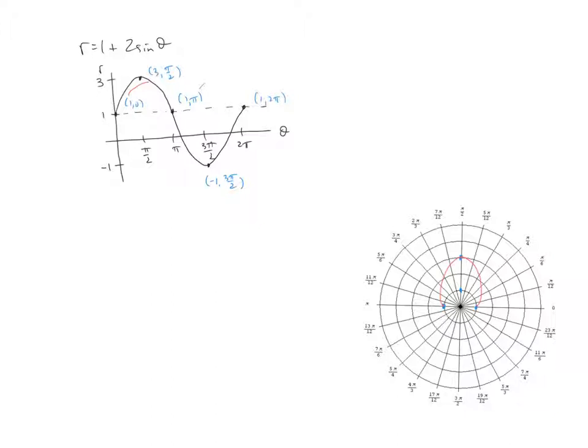So connecting these points, I come down through and back up, and then similarly, when I go from this point back to where I started, I'm going to need to travel through the pole. So I'll come back down through and connect it up. So what we have here is a graph with actually a loop in the middle of it. This is called a limacon with a loop, and it's one of the special polar graphs because of how it kind of doubles up on itself.